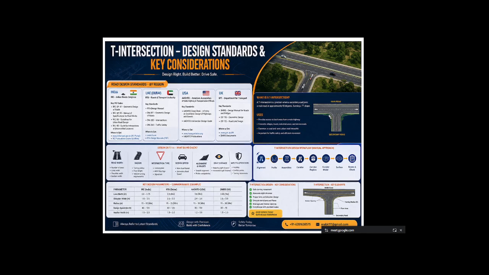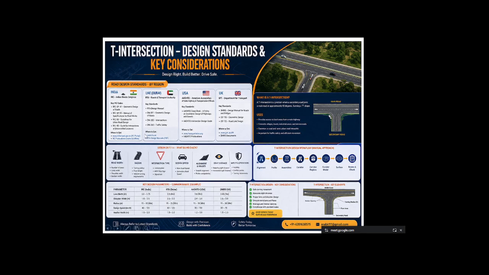So we have to consider all those things. And if you are in the UK, you will follow DMRB. So remember this, the software is the same, but the design standards change from country to country.